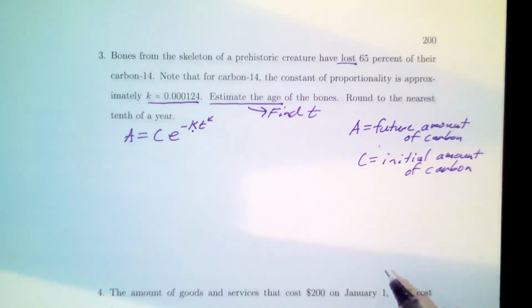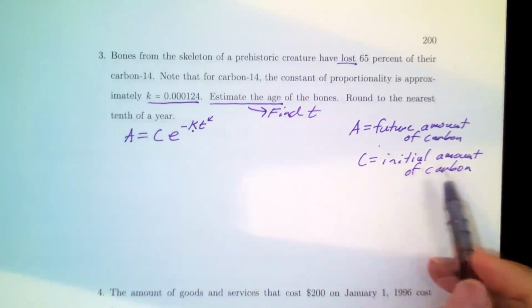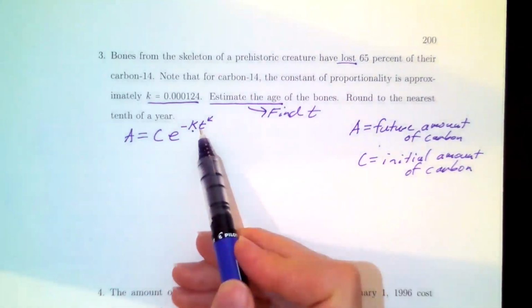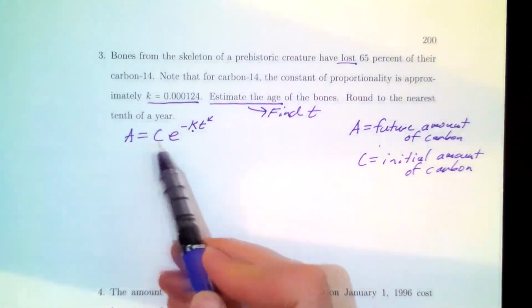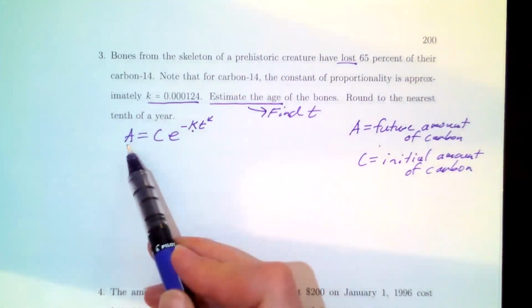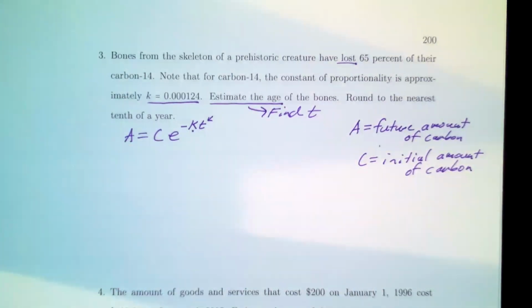They didn't say there was this many grams or moles of the carbon. So I don't know what my initial quantity was. If I'm going to solve for T, I need K and I need C and A, but they didn't tell me what C was, and therefore I can't figure out what A is. So this is where I have to get clever again.